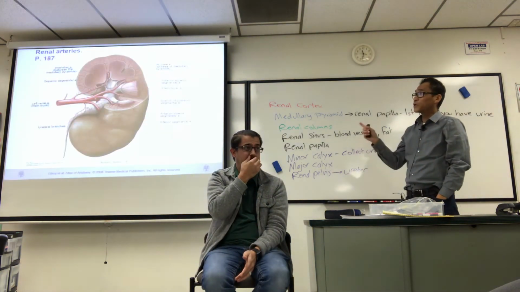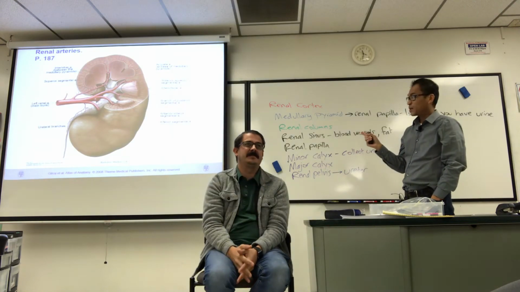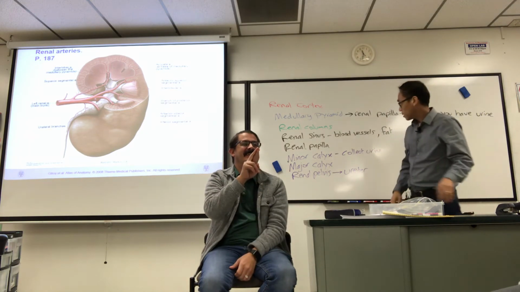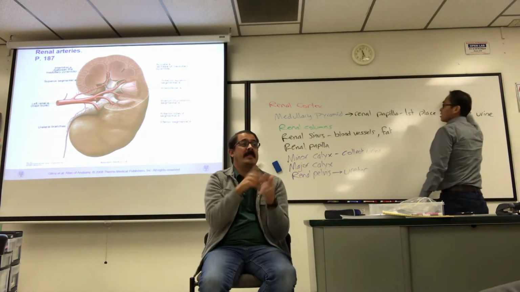Let's talk about the arterial blood supply to the kidney. Of course, it's the renal artery, but then there's all these branchings inside the kidney.